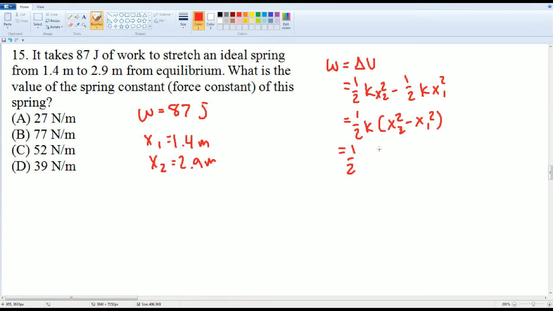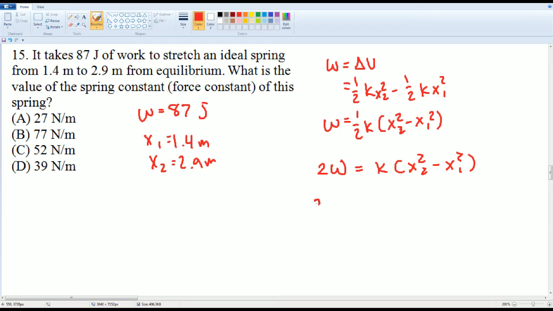Simplify, it's 1/2 k times x squared minus x initial squared. I'm actually asking to solve for the value of the spring constant. So multiply this by 2, so that becomes work is equal to k times x squared minus x initial squared.